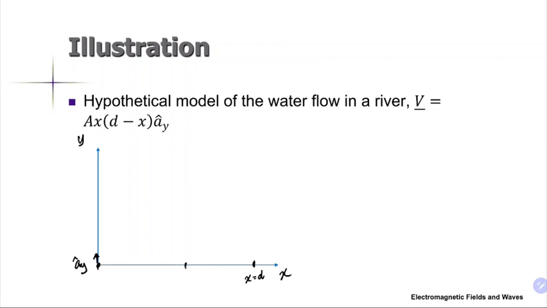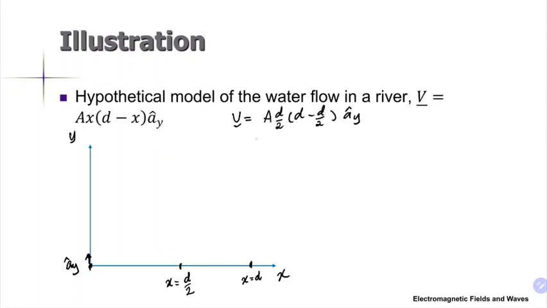Right at the middle of my river, which is x equals d over 2, if I substitute d over 2 here, V will be equal to A times d over 2 times (d minus d over 2), unit vector y. So this will be A d squared over 4 in the direction of y.